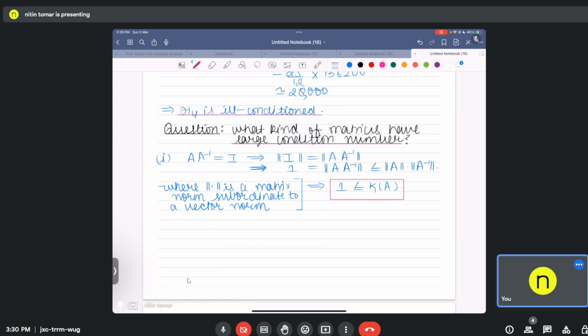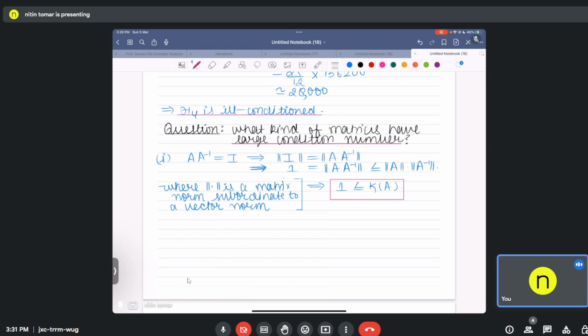So what is the best possible outcome for you? The hunch is the condition number should be as small as possible, to have a smaller relative error. Yes or no? Yes, sir.